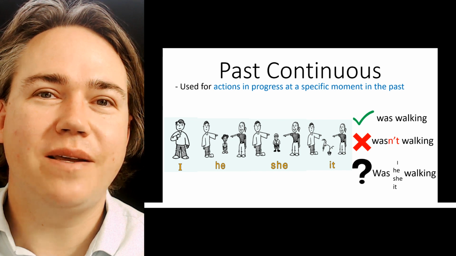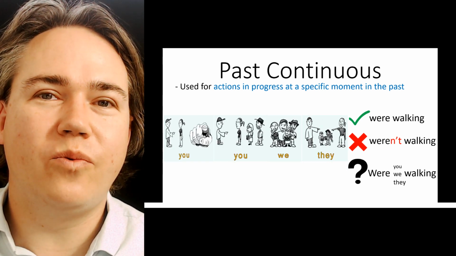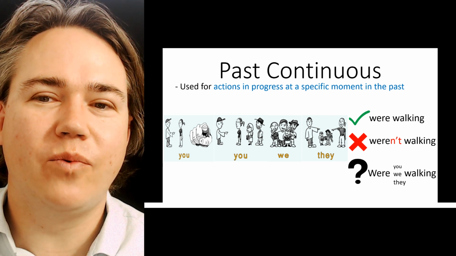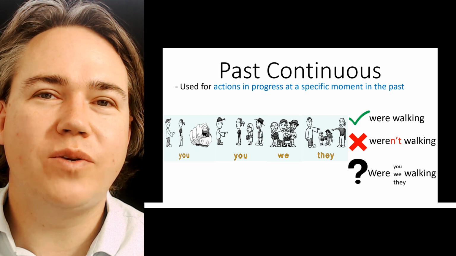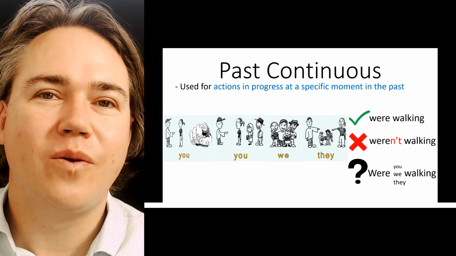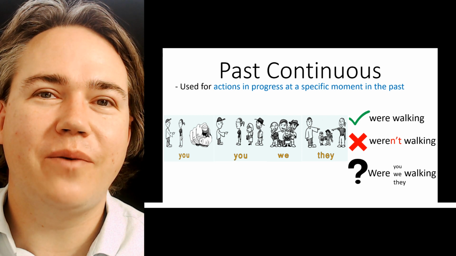Was it walking? You were walking. We were walking. They were walking. You weren't walking. We weren't walking. They weren't walking. Were you walking? Were we walking? Were they walking?